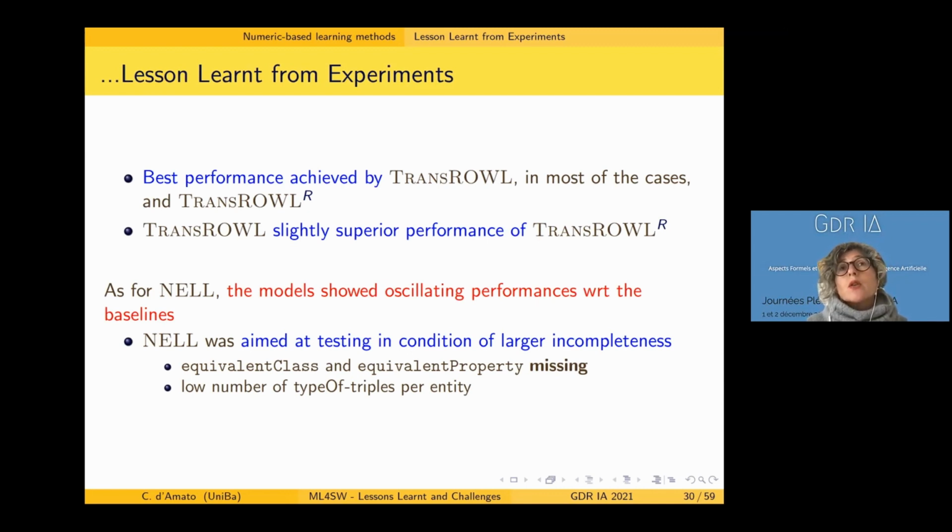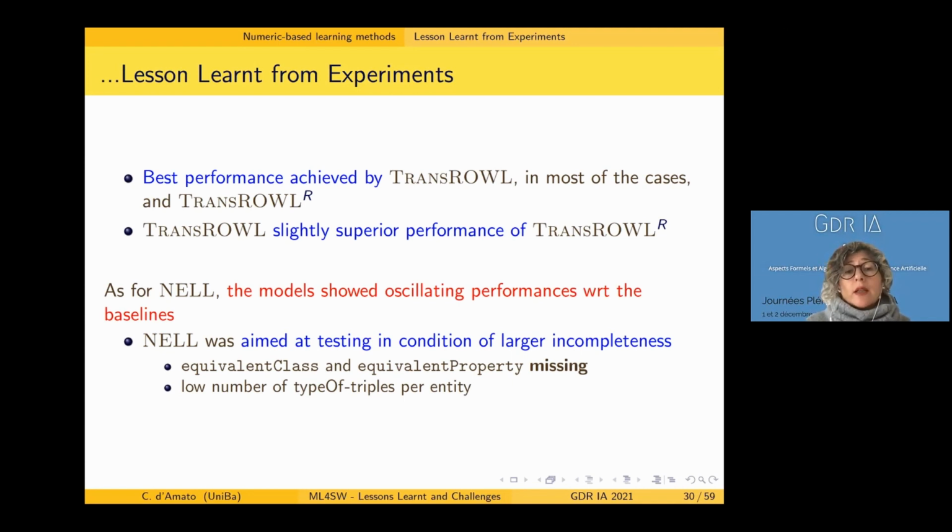We found out that TransR-OWL, which is the one that explicitly adds new triples, registered slightly superior performances with respect to TransR-OWLR, which is the one that adopts an axiom-based regularization approach. So somehow confirming our initial intuition, our initial idea.